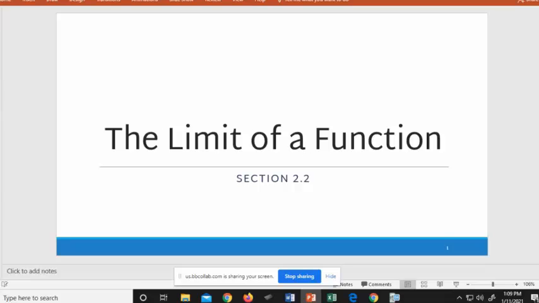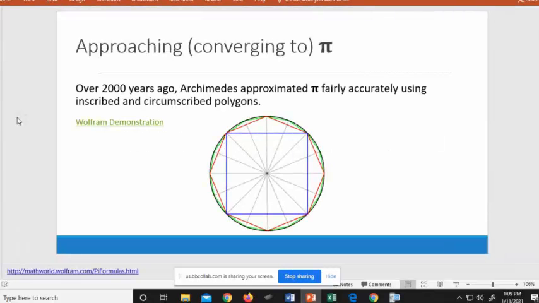So something that has been calculated at some point, you probably knew that the number pi hasn't always been known, right? It hasn't always been known that it's about 3.14. Thousands of years ago, they tried to approximate the number pi using different methods.